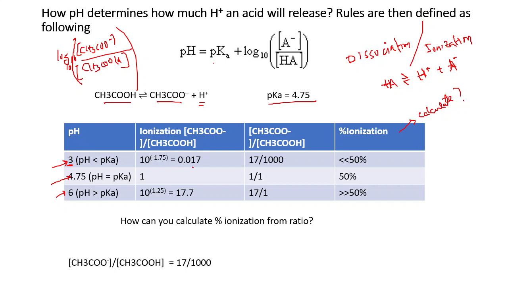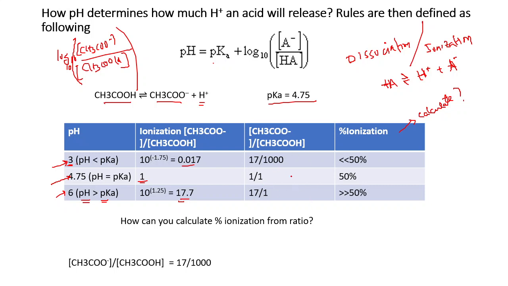At pH 3, this is 0.017. At pH 4.75, when pH equals pK, it is 1. With pH greater than pK, it is 17.7. You can rewrite this as 17 by 1000, 1 by 1, and 17 by 1.